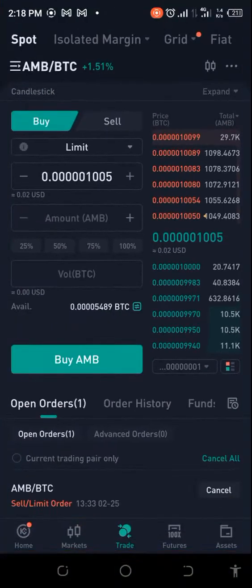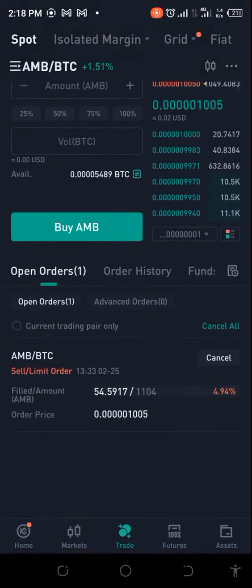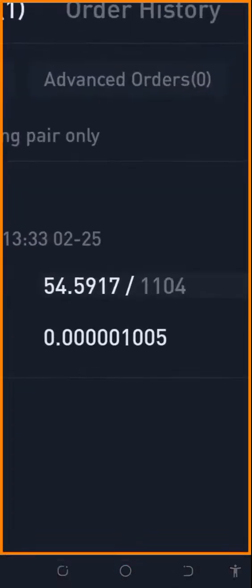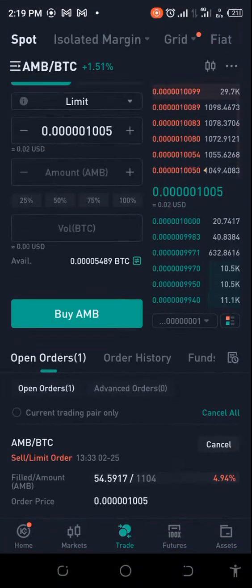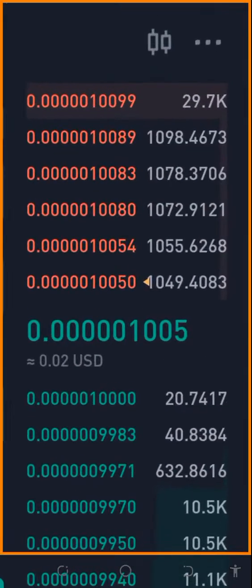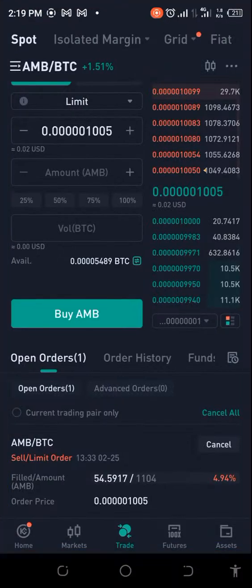So I just want to give you this update that currently we've sold part of it and we're waiting for the rest to be sold. The number that is left to be sold is 1049. Let's hope it does that quickly and then we get rolling. Okay, see you shortly.